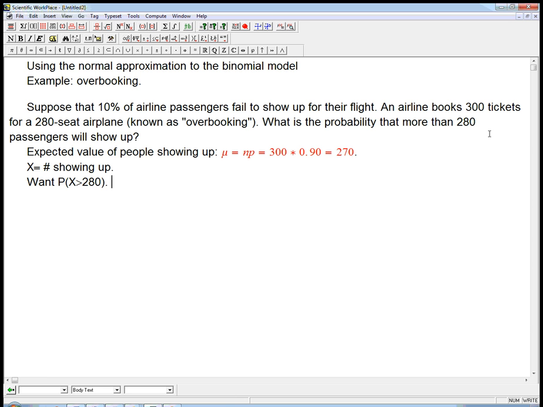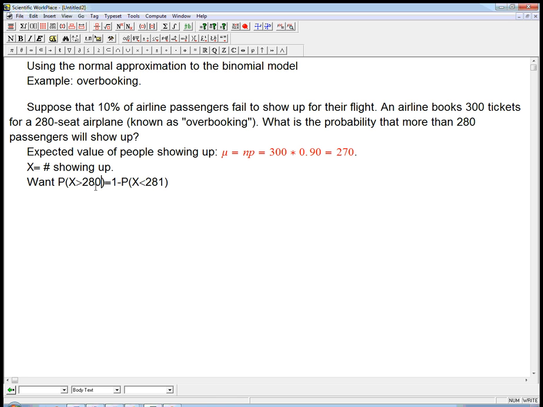If we're going to translate this into a normal model, that's not usually how it works. That's going to be 1 minus the probability that X is less than 281. If it's greater than 280, then the complement is anything up to 280, so that's less than 281.